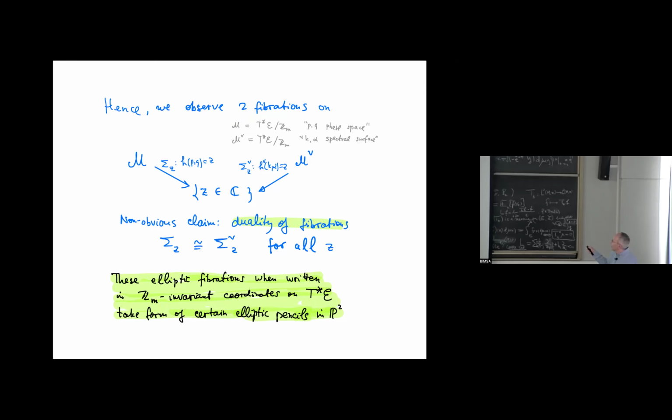And that's another fibration. What you can show, which is not quite obvious, is that you have a duality of fibrations in the sense that the fibers are isomorphic as elliptic curves. Although it's far from obvious because there are complicated transformations of the parameters in these elliptic curves, and these elliptic curves are actually of high order, as we will see later, higher degree curves of geometric genus 1.